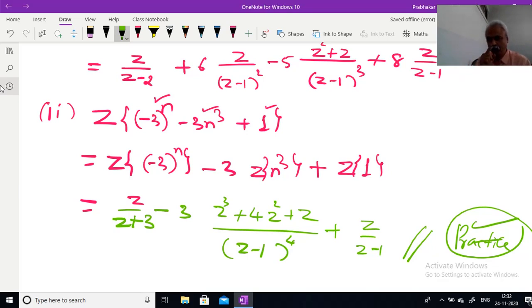We started with Z of a raised to n, which is Z upon Z minus a, and afterwards we used a differentiation theorem: the Z transform of n raised to p is minus Z times the derivative of the Z transform of n raised to p minus 1. Using that we found n raised to 1, 2, 3, 4, which is very important. I have told you how to remember; write it down one or two times. Then we found the linearity property, and based on it we did some important examples.